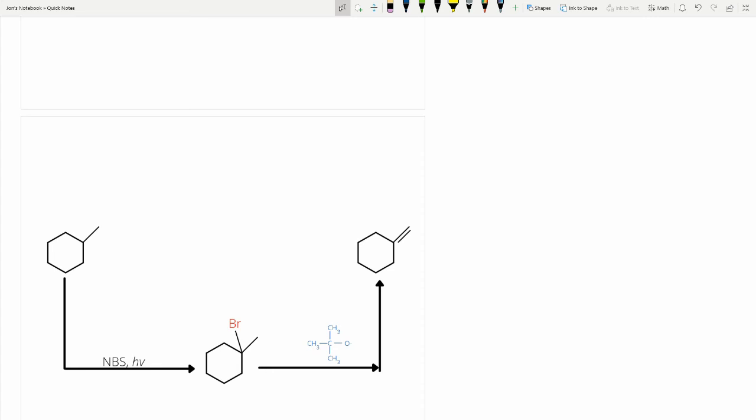Now, because a radical is formed, we form the more stable radical, and it would be a tertiary in this case, and then add the bromine to the tertiary radical. Now that we have a functional group, we can use it to initiate the elimination reaction.